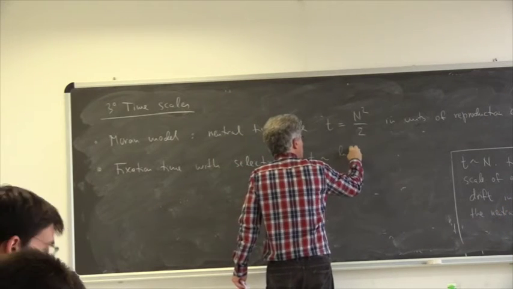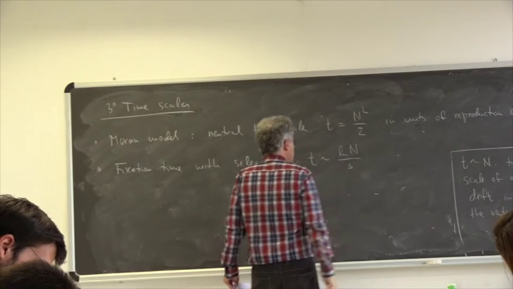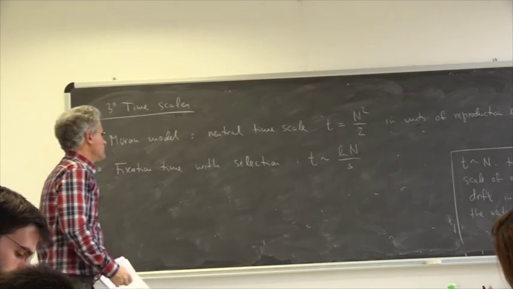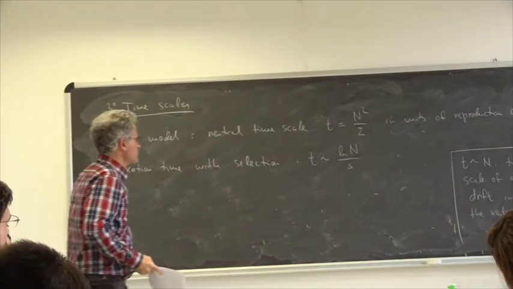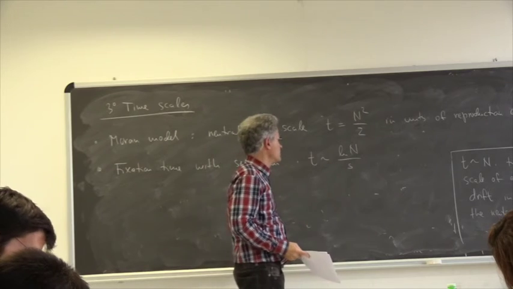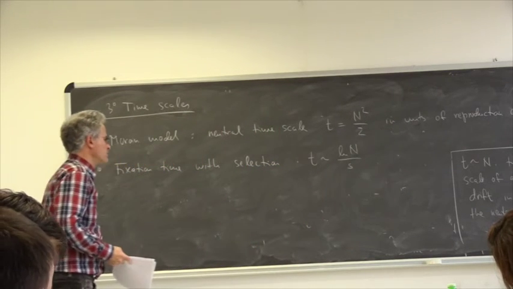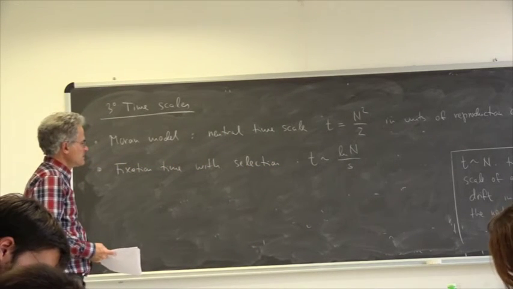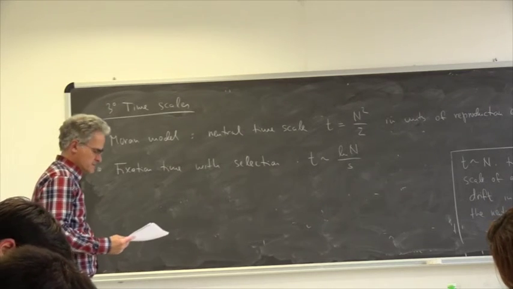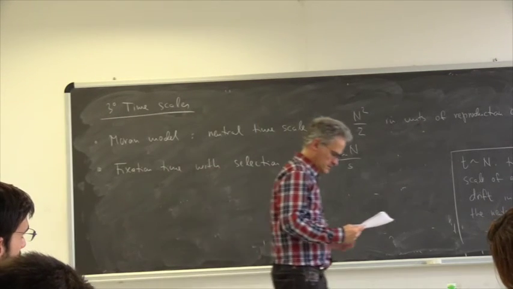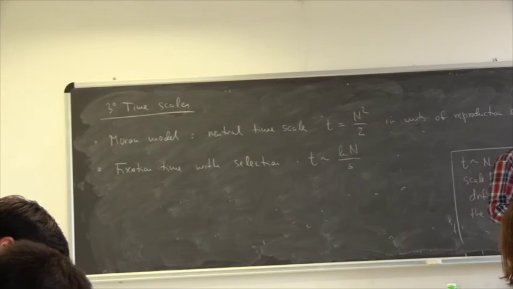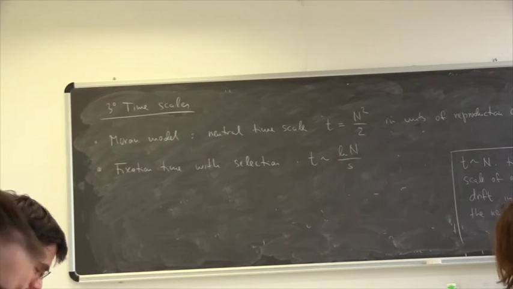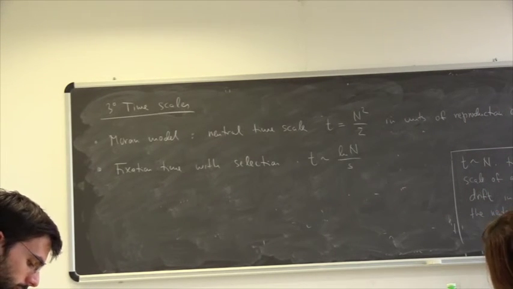It turns out, and this is a calculation that is not so easy and I don't want to do here, that it's inversely proportional to the selection coefficient and logarithmic in the population size. I think we will make use of that later on, so I just wanted to mention it.